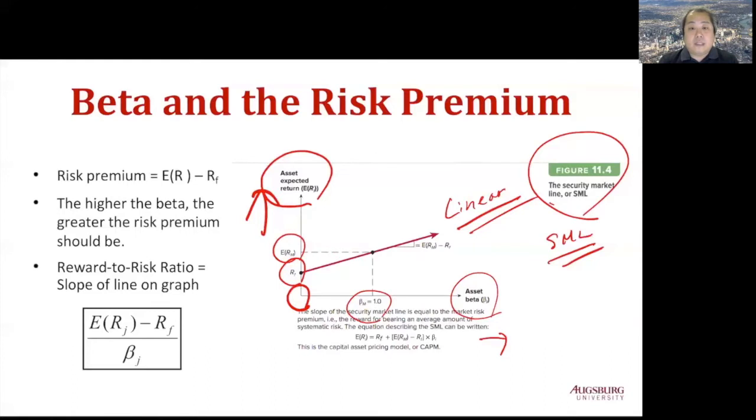The slope of this line is therefore market expected return minus risk-free rate, which is the market risk premium.